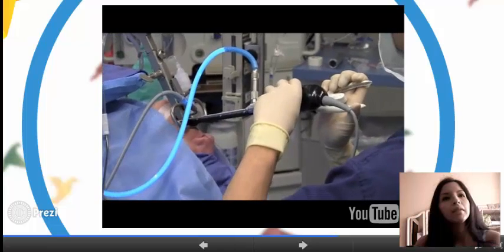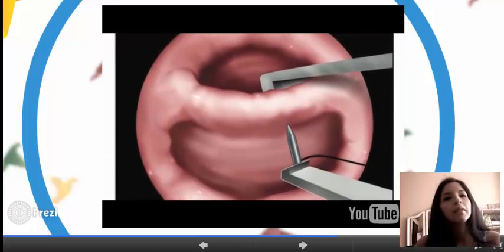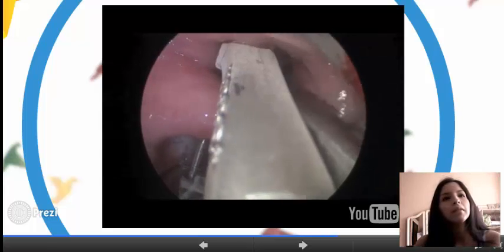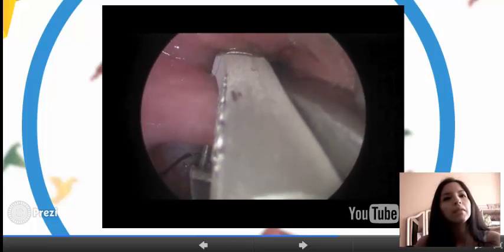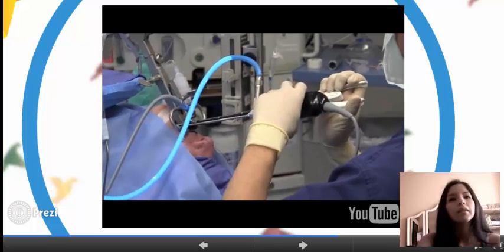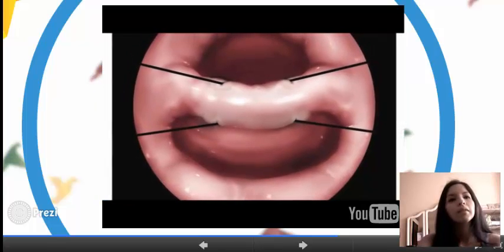Sutures are placed to help stabilize the common wall in preparation for the stapling procedure. A total of 2 sutures are placed.